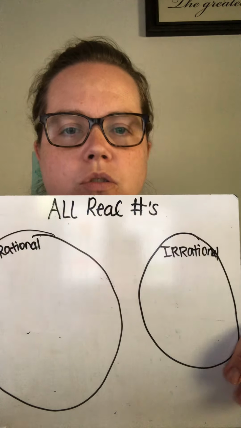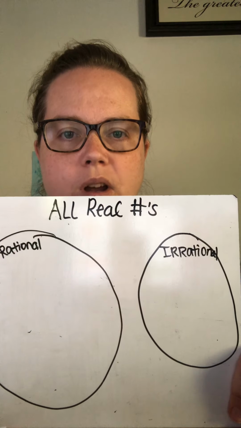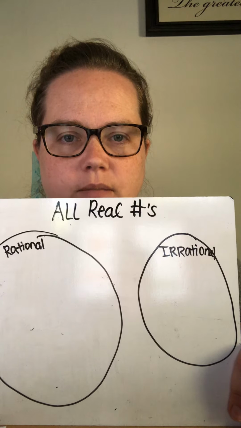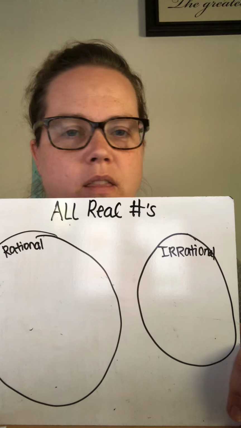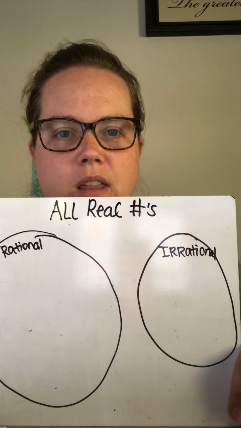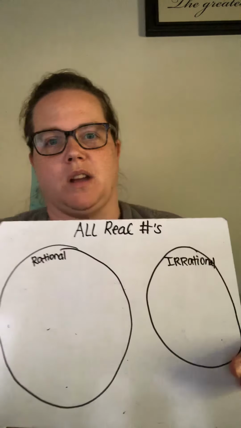Okay, do you remember what an irrational number is? The first and foremost is pi, right? 3.141629, whatever.